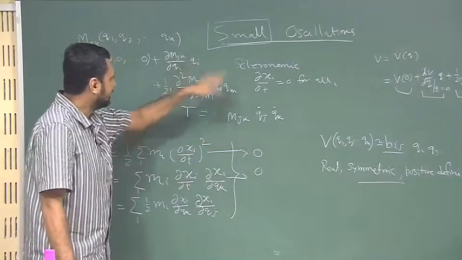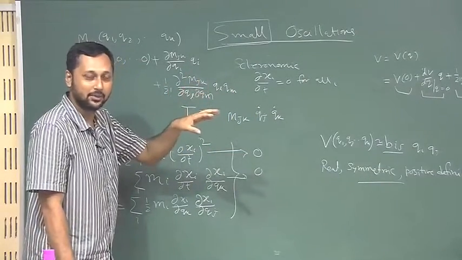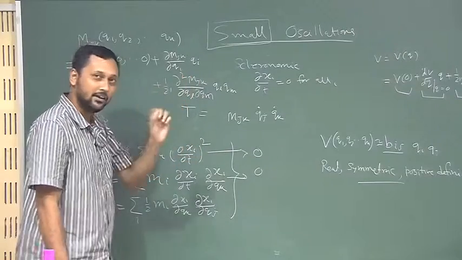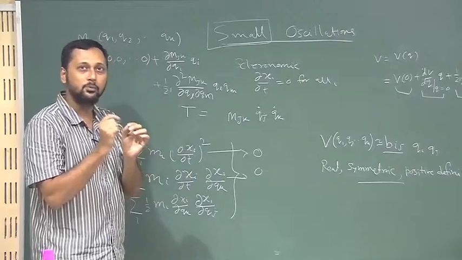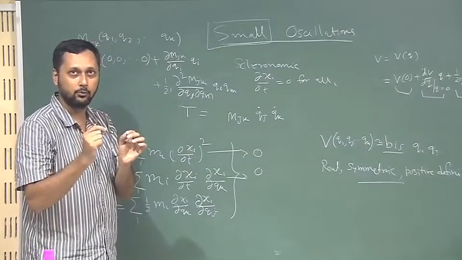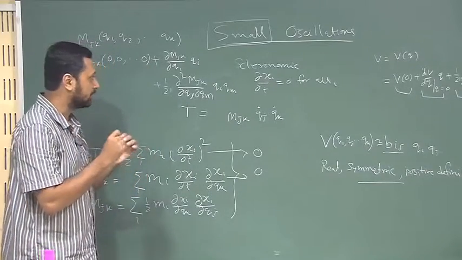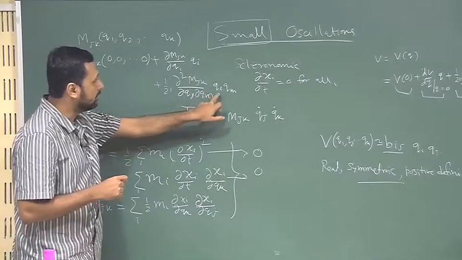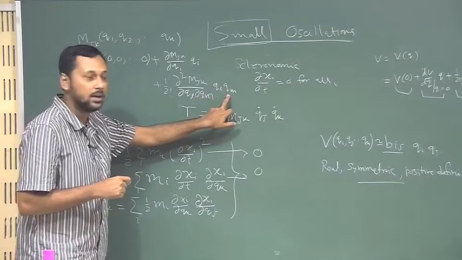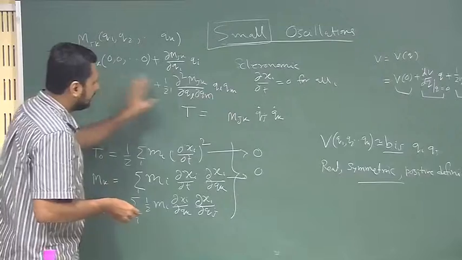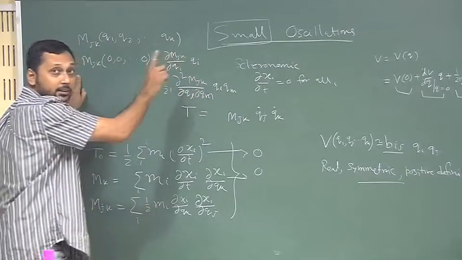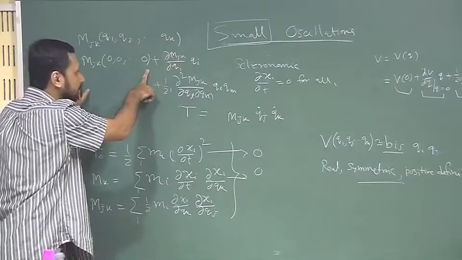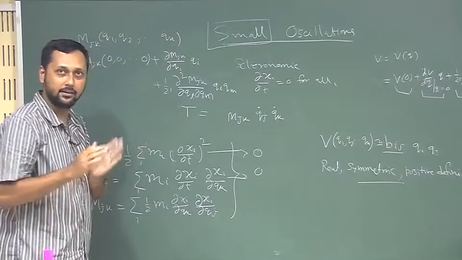Multiplying with another term which is again small, it will go as the cube of some small number, and the next will be even higher order. So in this entire expansion, for a real small oscillation, only the first term will survive, the other terms will vanish.